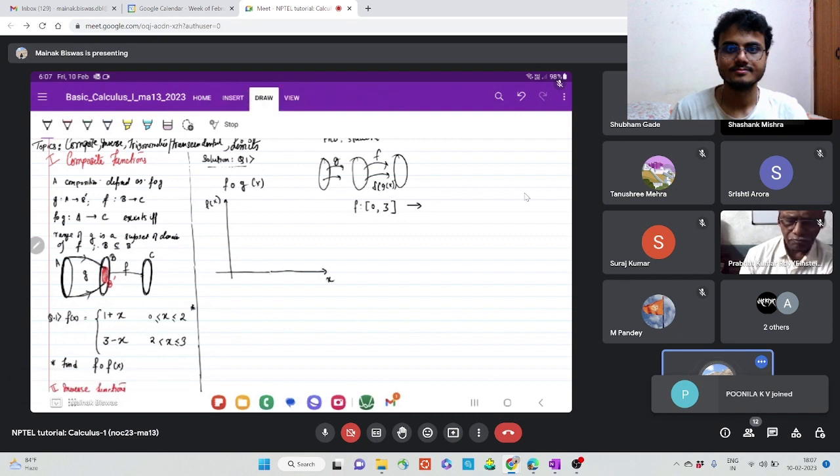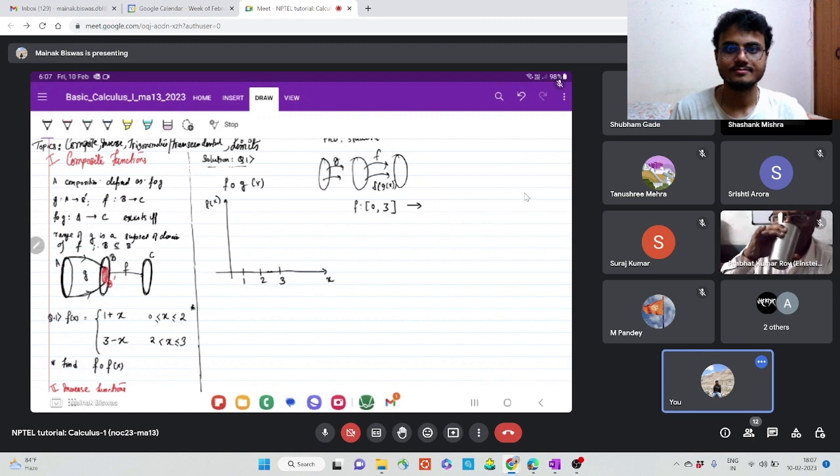So for example, here you are seeing you have 0, 1, 2, 3. So 0 to 3 is your domain, and your range would be 1 plus x for 0 to 2. So 1, 2, 3, 4. The 1 plus x is a line passing through 1 with an angle of 45 degrees as the slope of the line, right?